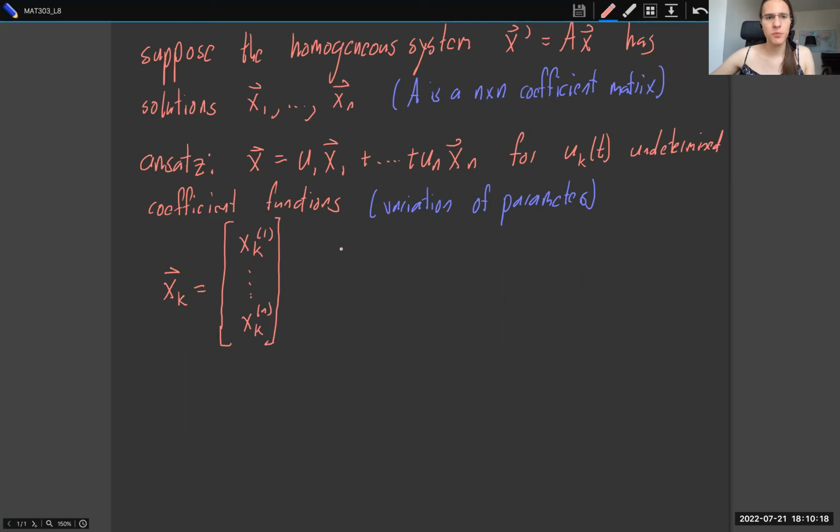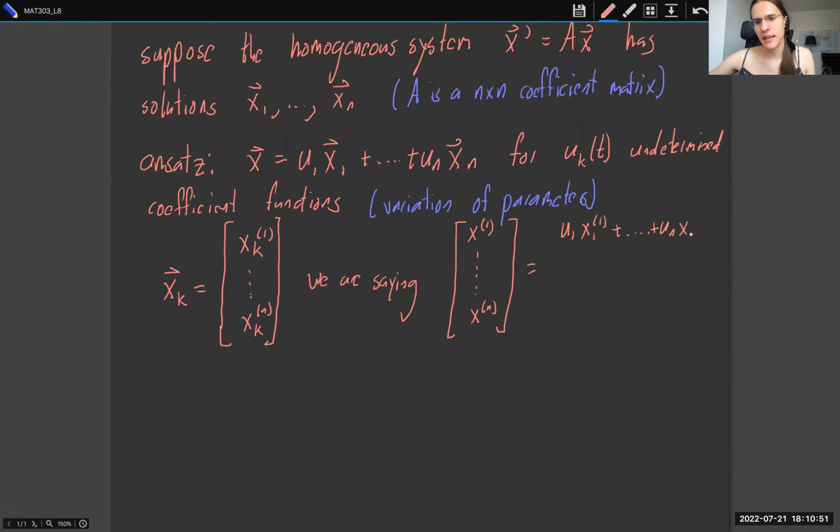So what we're saying is that the vector with components x_1 through x_n is equal to u1 times x1 first component, summed through to un times xn first components still.